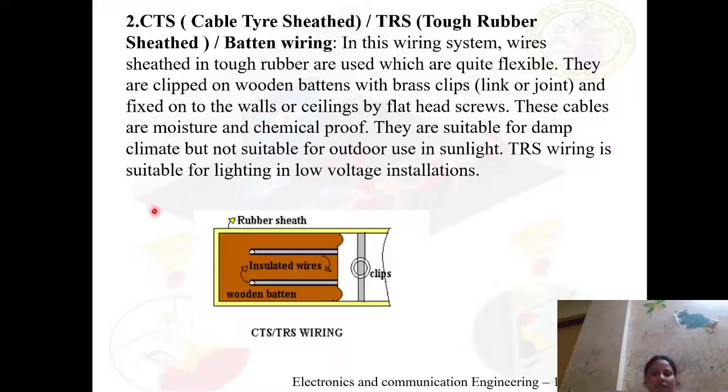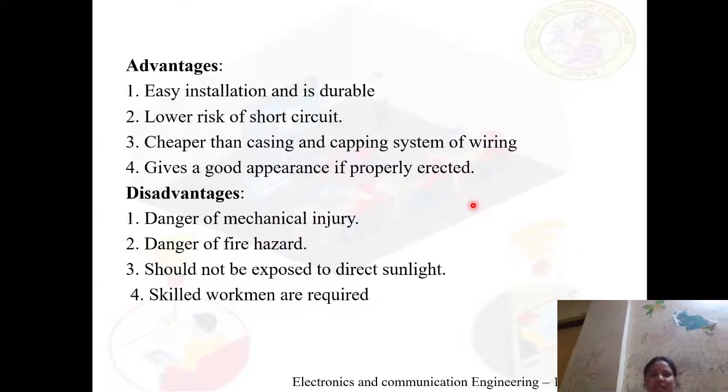TRS wiring is suitable for lighting in low voltage installations. The advantages of this type of wiring are that it is easy to install, durable, has low risk from short circuit, is cheaper than the casing and capping system of wiring, and gives a good appearance.